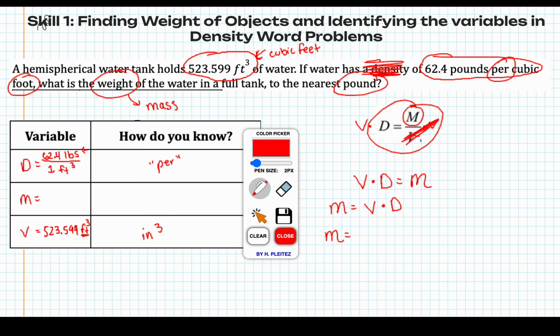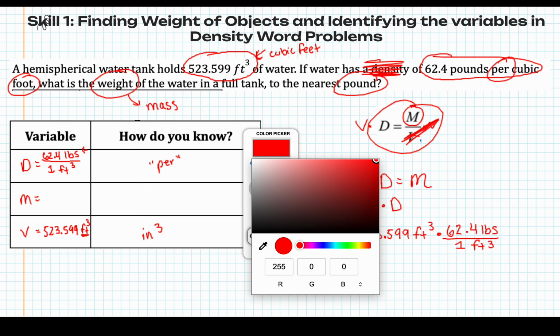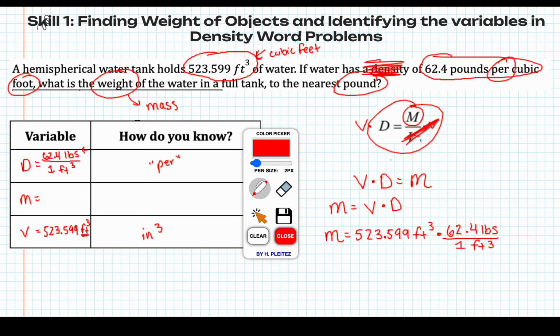So our mass is going to be equal to our volume, which is 523.599 cubic feet. And we're going to multiply by our entire density. So that's 62.4 pounds per 1 cubic foot. Now a common theme throughout this whole entire lesson is that you're going to try to look for units or things that can cancel out.